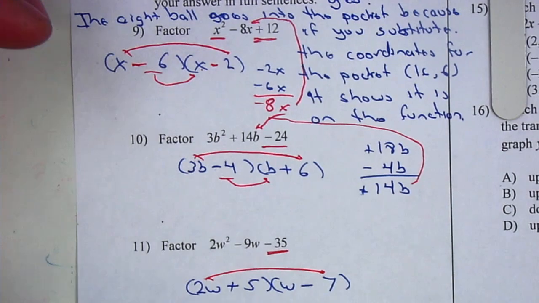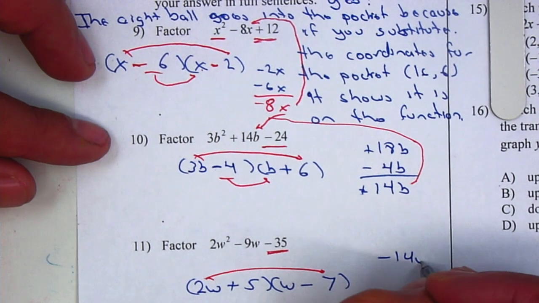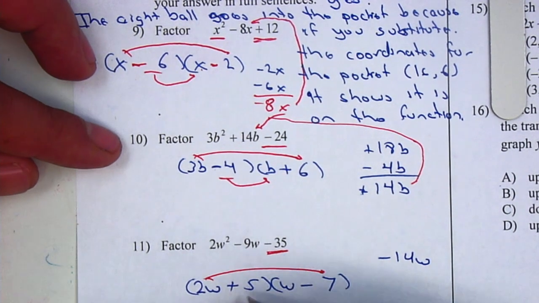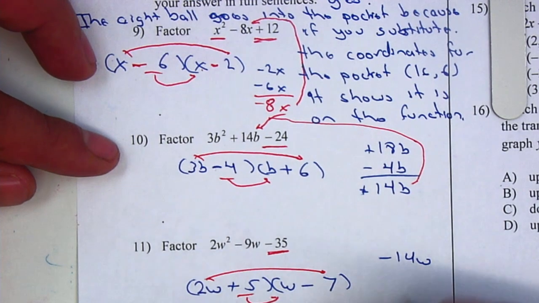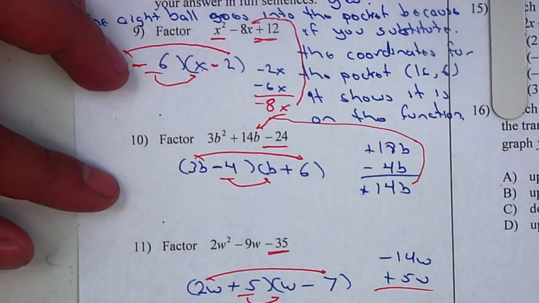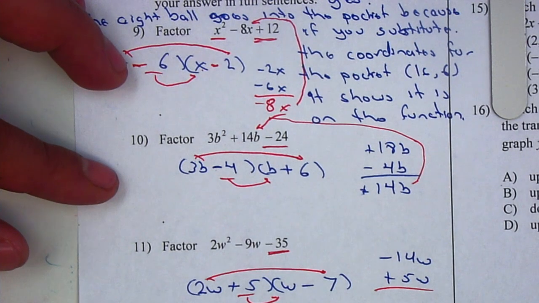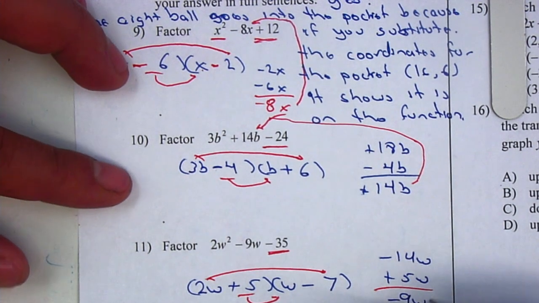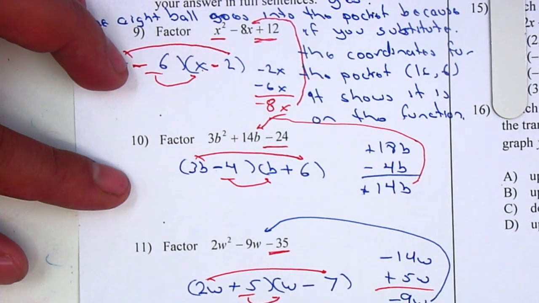That is negative 14w. This will give me positive 5w. If I add them, does it give me negative 9w? Yes.